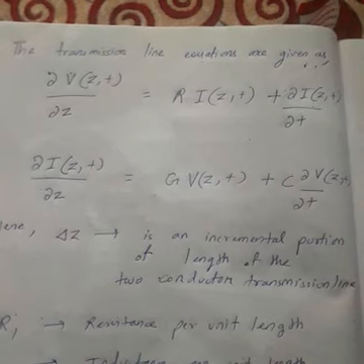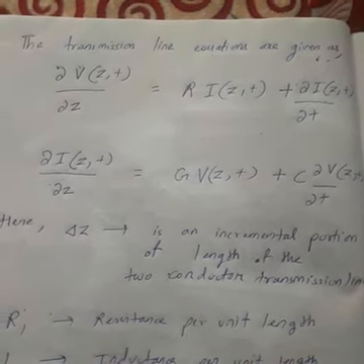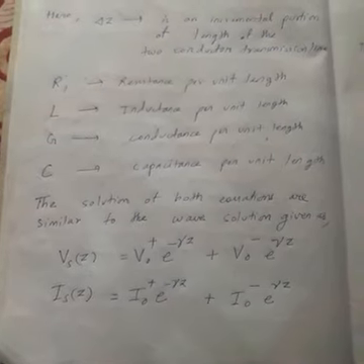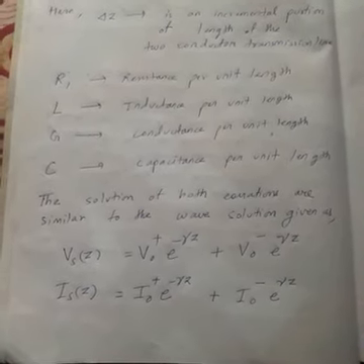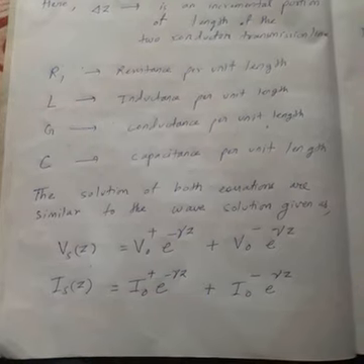So these are the two transmission line equations. Where R is the resistance per unit length, L is the inductance per unit length, G is the conductance per unit length, and C is the capacitance per unit length.